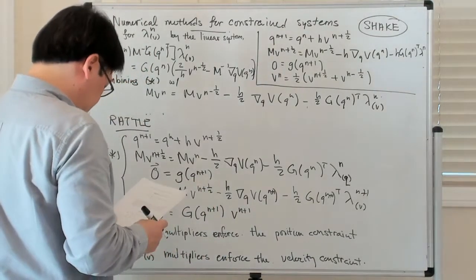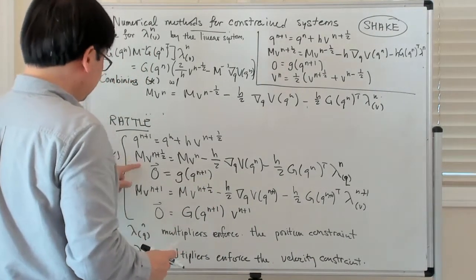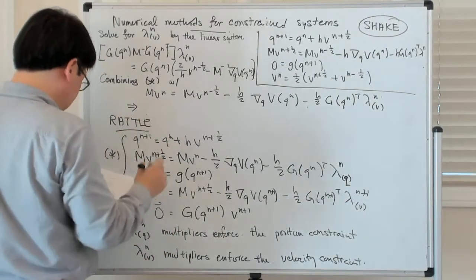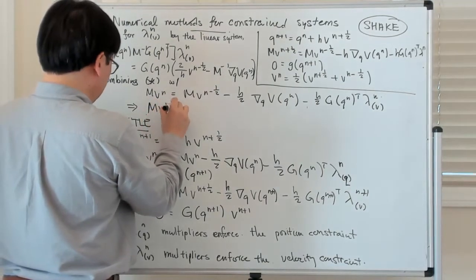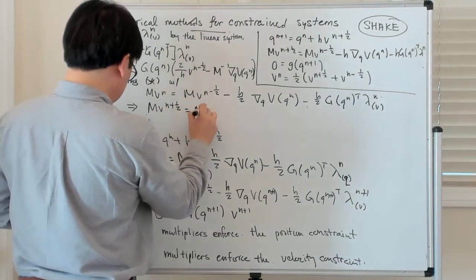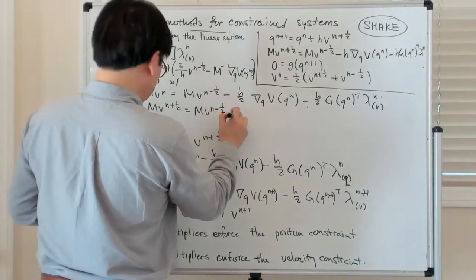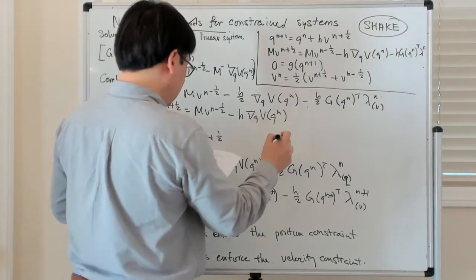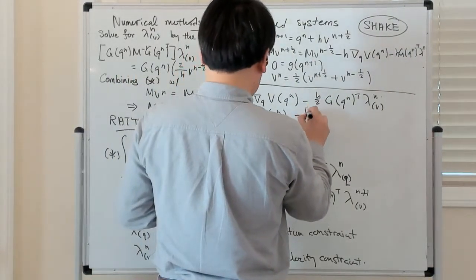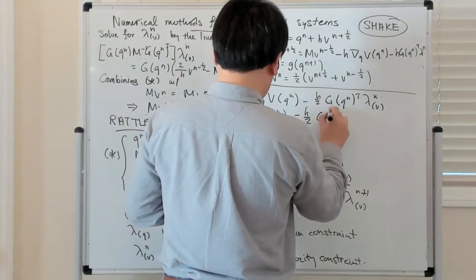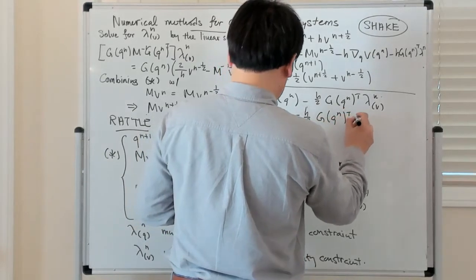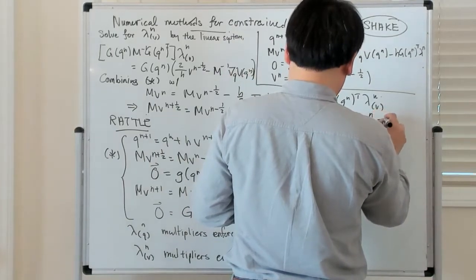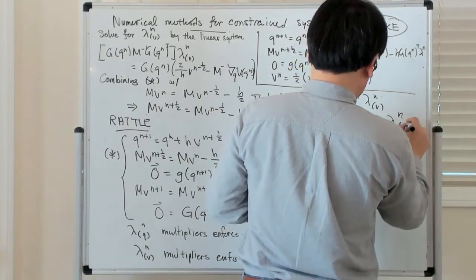So if you combine this equation with this equation, you get M vn plus half is equal to M vn minus half minus h, the gradient of V at Qn, minus h over 2 g Qn transpose times lambda Qn plus lambda Vn.